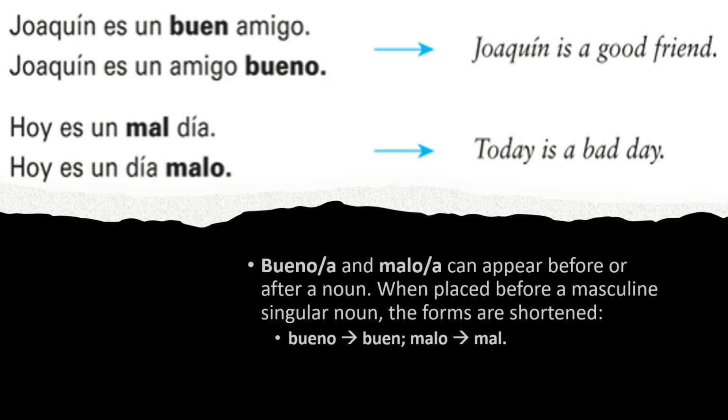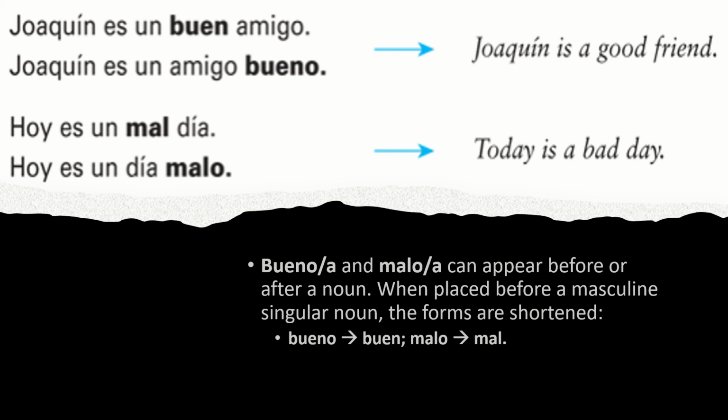We have two special ones that will change just a little bit. Bueno and malo have to agree with gender and with number. Now, both of these adjectives can go before or after the noun. It'll say the same thing regardless of where we decide to put these two adjectives.